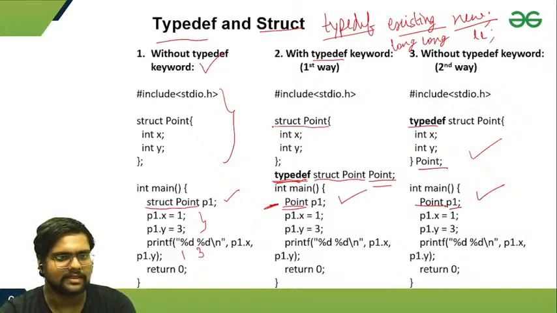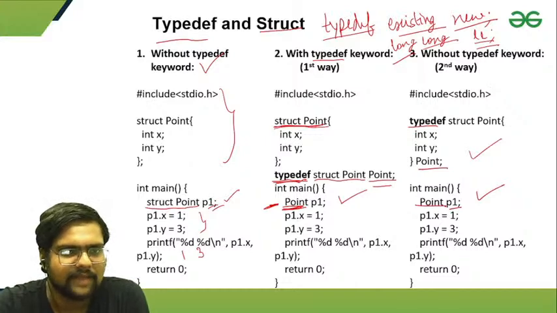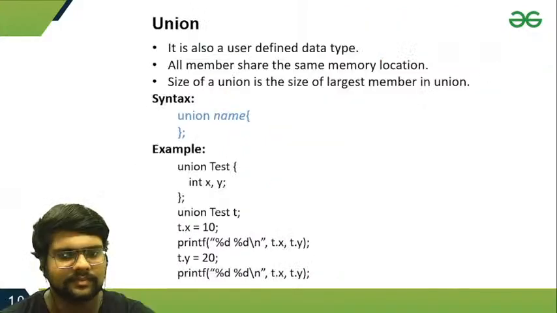Here we had to write 2 words when we declared a variable p1, but now we only have to write 1 word, point. Similarly, when we use it for long, we don't have to write long 2 times, we just have to write L. So it will shorten our code and also increase its readability. So this is about typedef and the struct keyword.